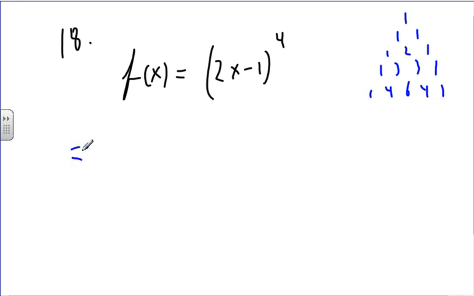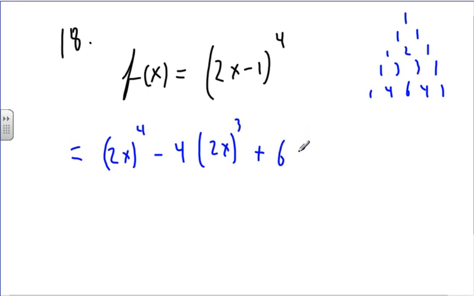And so this had better be 2x to the 4th minus 4 times 2x cubed times 1 plus 6 times 2x squared minus 4 times 2x plus 1. That's what I'd better get when I get done.